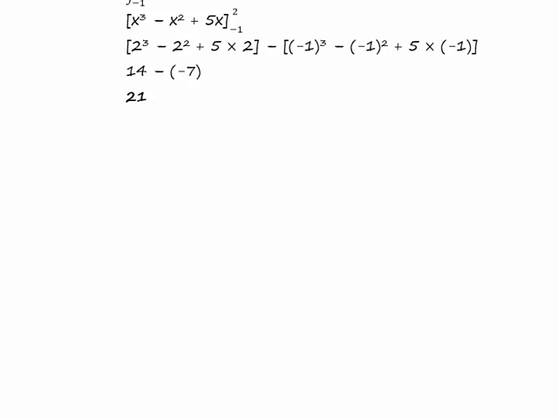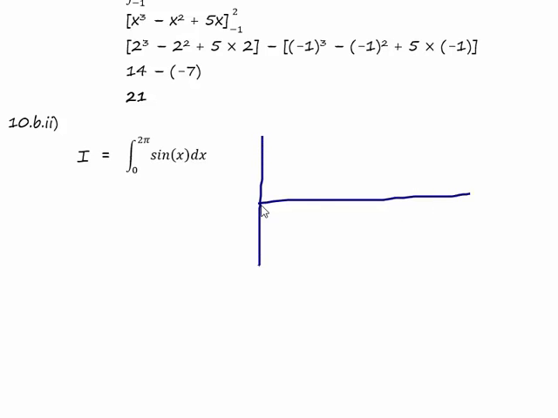Part 2. Integrate sine x dx from 0 to 2 pi. Before we integrate, let's think about the sine curve. The sine curve looks like that, and the area of this section is equal to the area of that section.